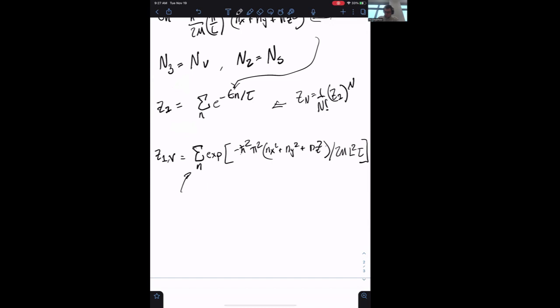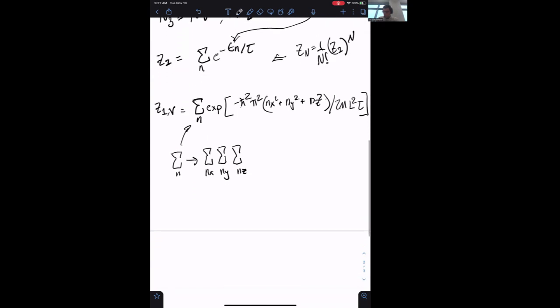And then remember that this sum over n is actually a sum over three different indices now. So I guess I have to rewrite that.